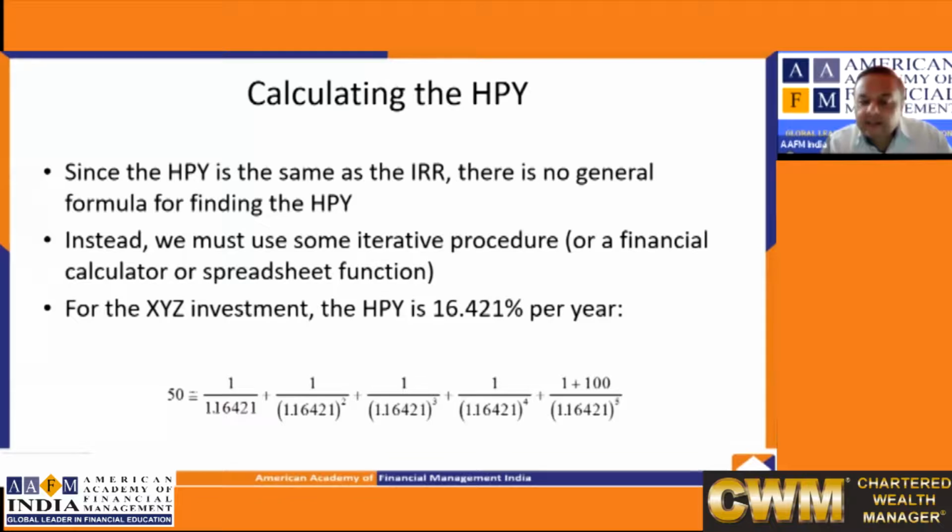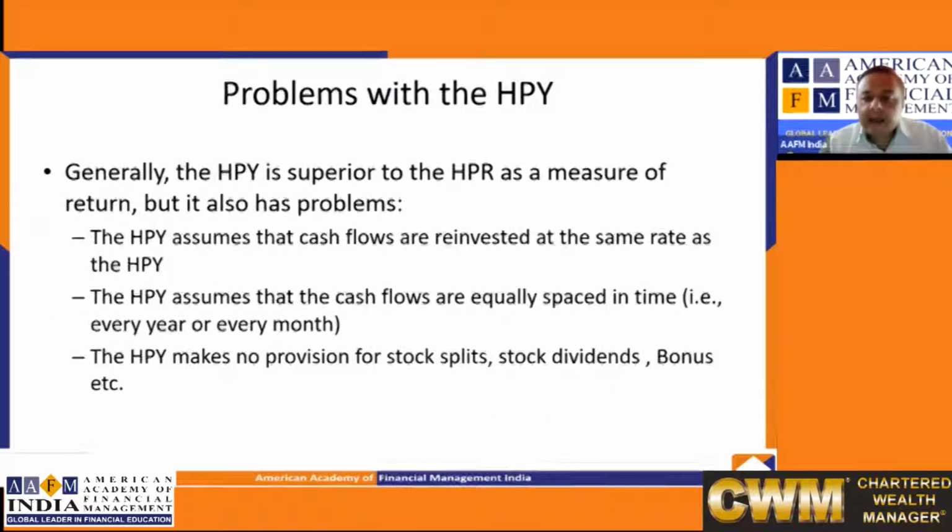So today we are understanding it from a different perspective. The meaning is the same. At what rate should I discount my future cash flows so that I get what I have invested today at time period 0? That rate is called IRR. Generally IRR is a superior measure as compared to HPR, but it also has some problems.